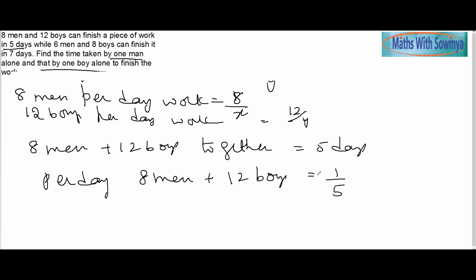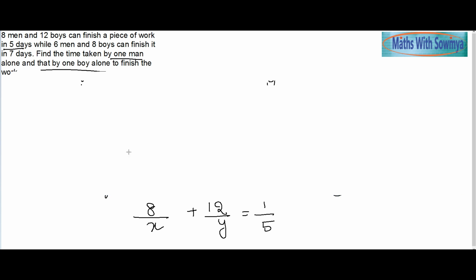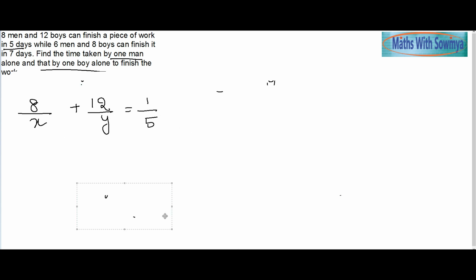So 8 by x plus 12 by y is equal to 1 by 5. This we call our first equation.